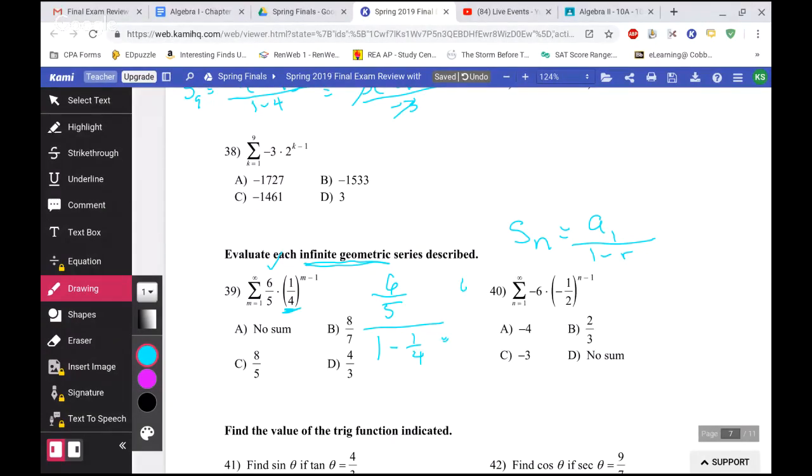So that's 6/5 divided by 1 minus 1/4, which is 3/4. And now you keep, flip, change. Simplify before you multiply. And there's your answer.